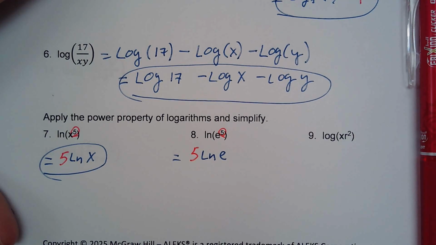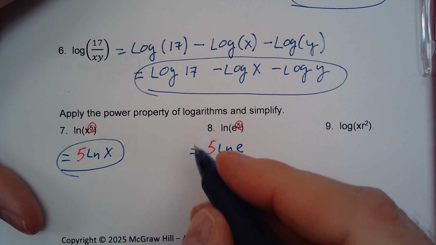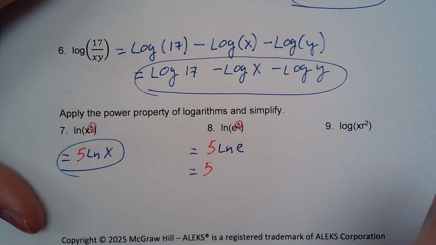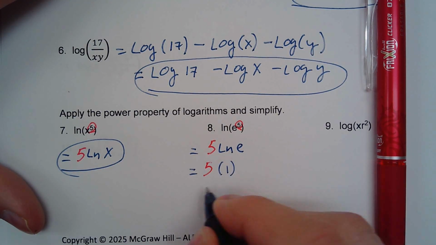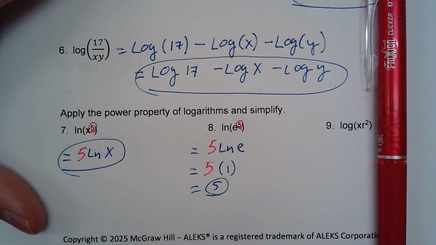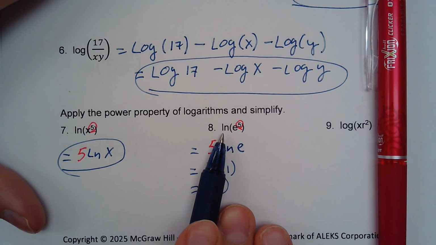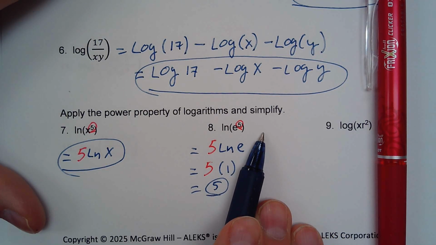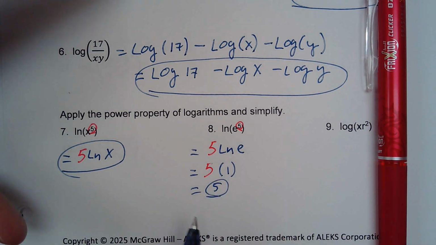Ln of e, though, is 1. So that becomes 5 times 1, which is 5. And y'all may recognize that up here I'm composing a function with its inverse. I should just get an exponent of 5, but this is another way you can prove that.